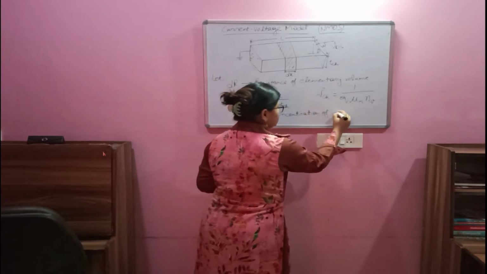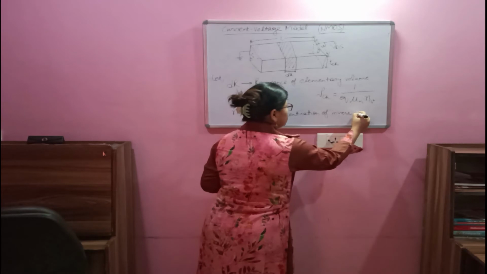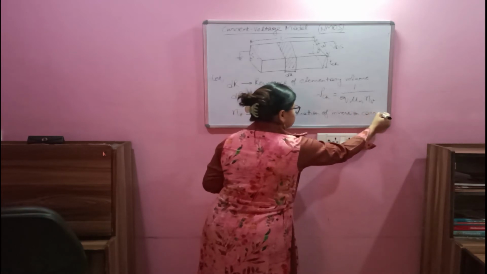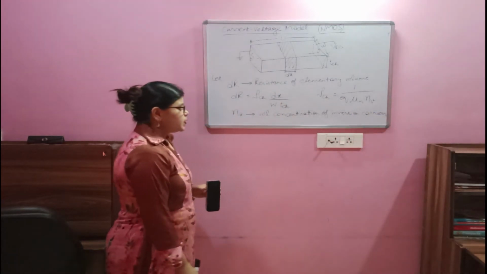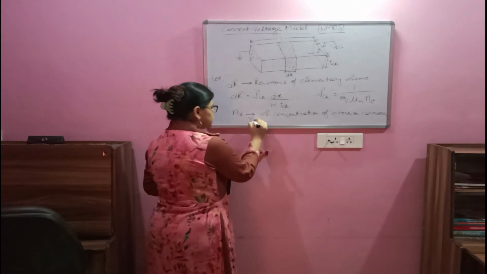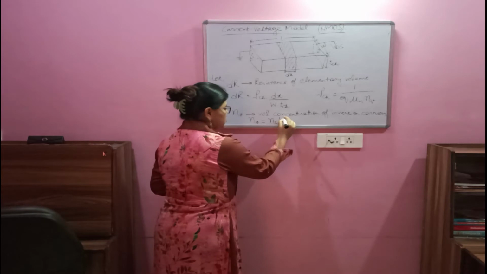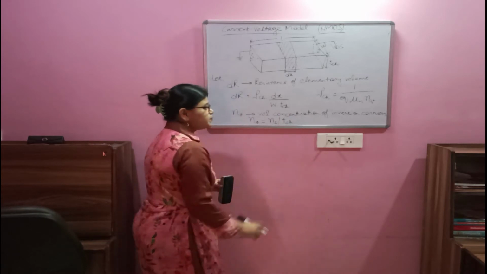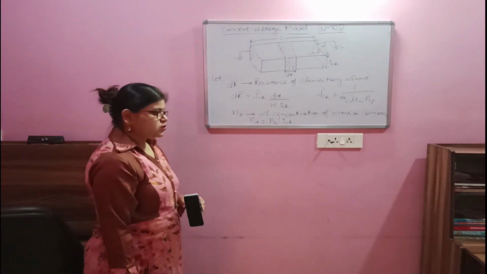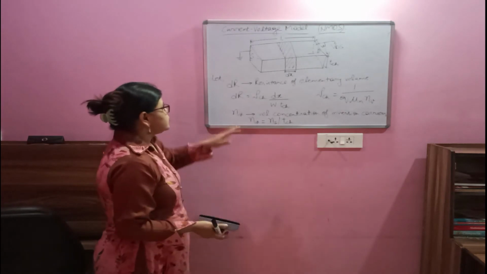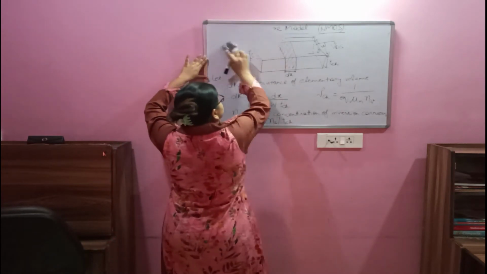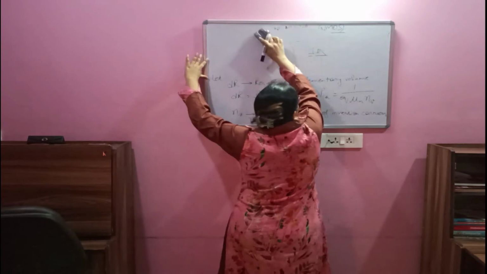So this can be given as NS, which we have just defined, and NS upon TCH. So I'll just remove this diagram. Hope everybody has drawn this.